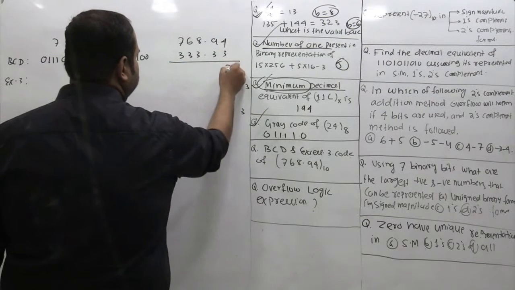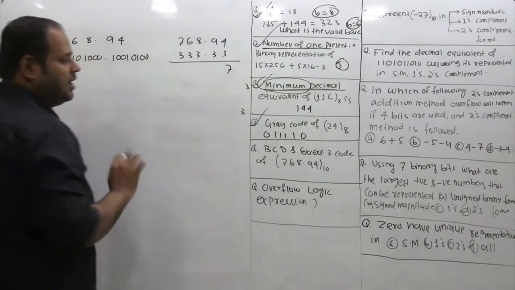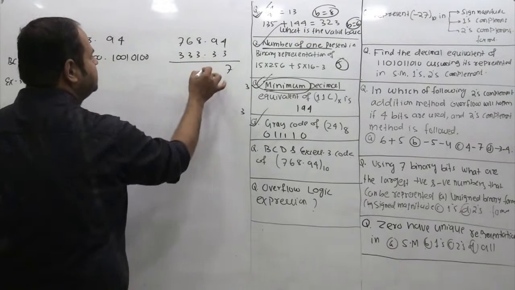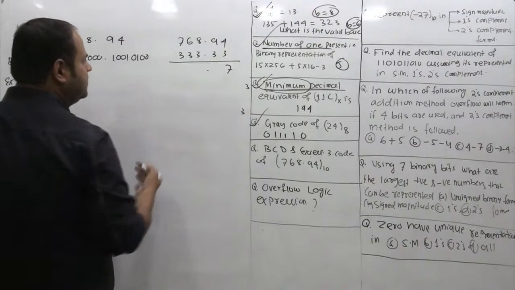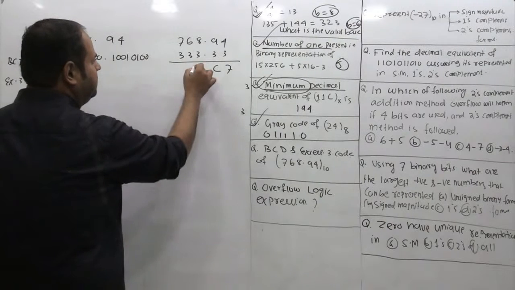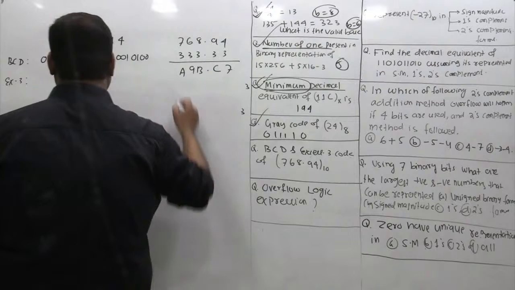If you add, 4 plus 3 is 7, 9 plus 3 is 12, so 2 with carry 1, that is the wrong approach. While doing the addition, you should not take any carry. So 9 plus 3 is 12, and 12 stands for C, since 10 is A, 11 is B, 12 is C. 8 plus 3 is 11, which is B. 6 plus 3 is 9. 7 plus 3 is A. So this is what you will get.